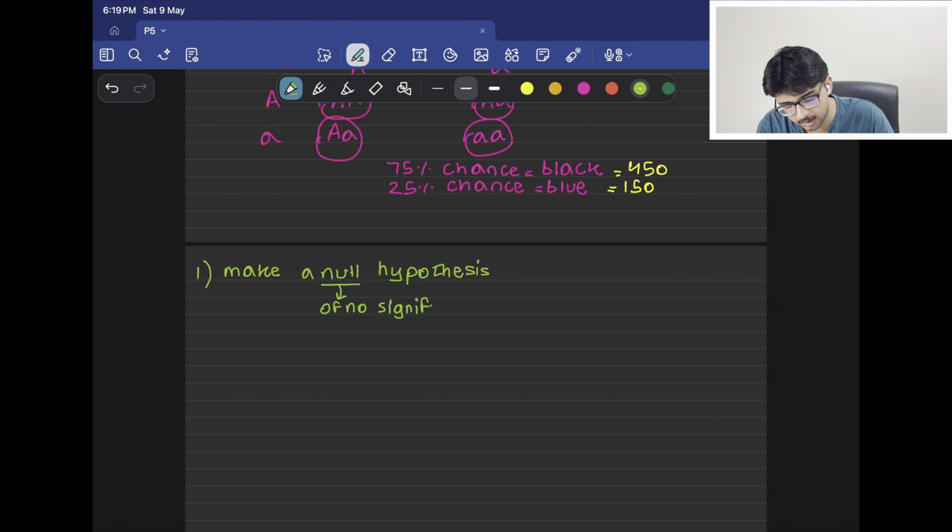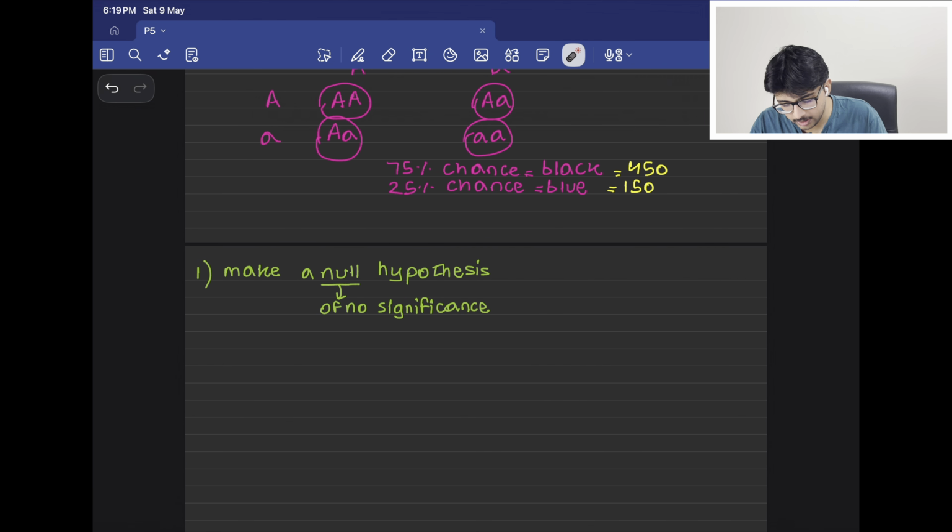You must have heard the word null somewhere before, right? Null as in zero or no significance or nothing. That's just the word null. Now, we have all looked at what's a hypothesis. It's basically something that scientists assume before looking at an experiment. But what's a null hypothesis? It is a hypothesis of no significance, of no difference.